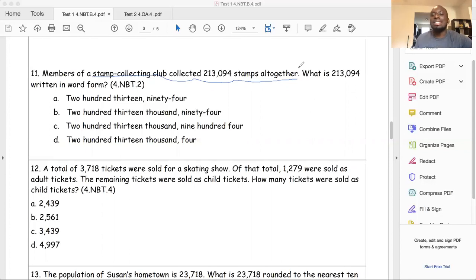So basically, written form is when you write out in words the actual number. So I'm gonna actually write out this number. I'm gonna write it at the bottom right here. Give me 1 second to select. Oops.